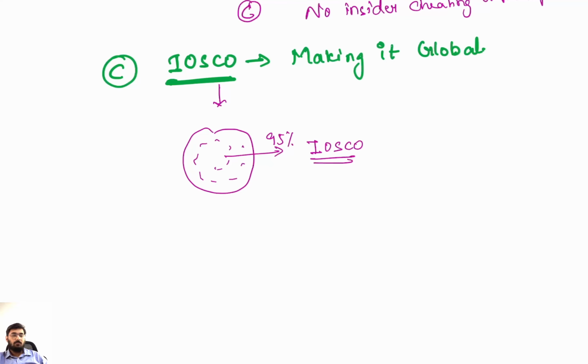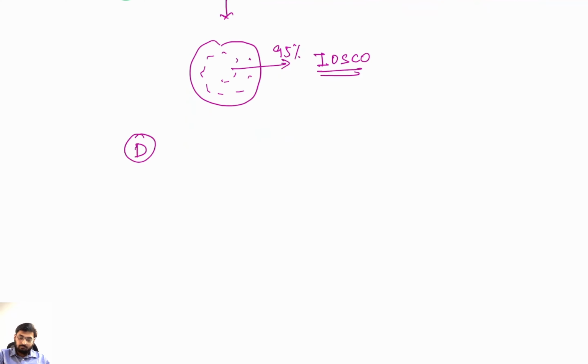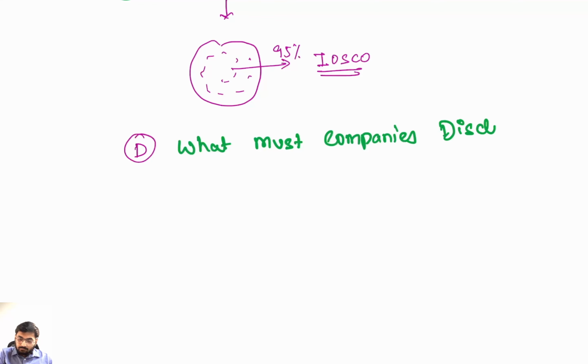Clear? Now write down point number D. What must companies disclose? Clear?